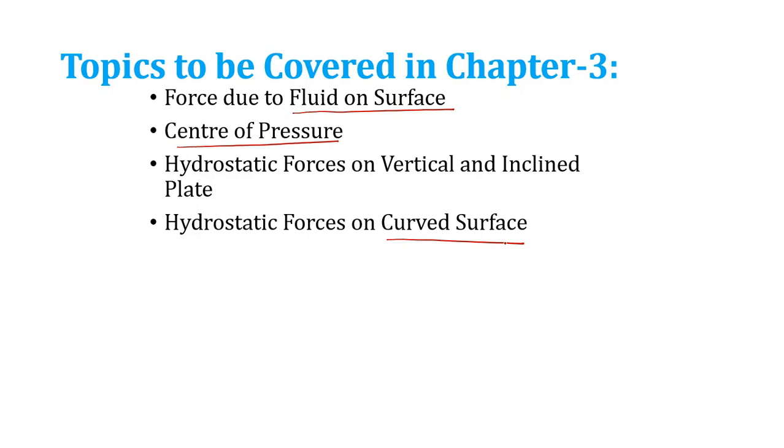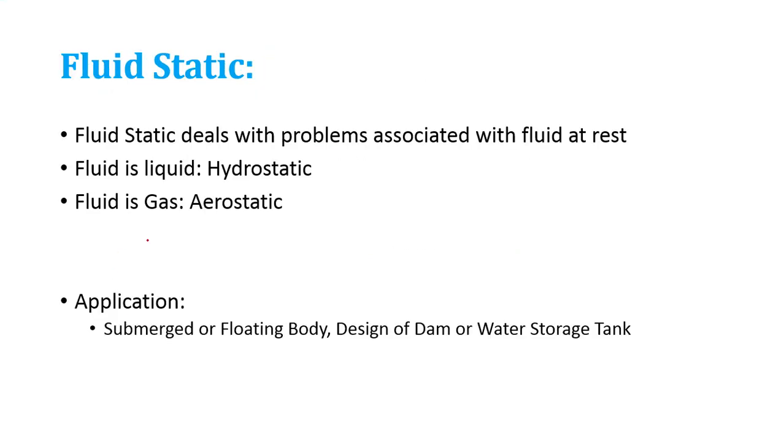Okay, so what is fluid static? Fluid static deals with problems associated with fluid at rest. It means that when the fluid layers are at rest with respect to each other, that is called fluid static, or we can say shear stress is zero, that we have learned in previous lectures.